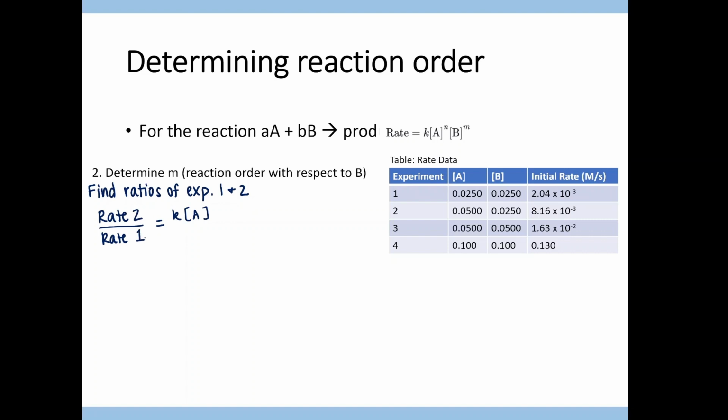This is how I have it in my notes, so just to avoid any mistakes in the video, I'm going to do 2 over 1. So this should be equal to the concentration of A to the power of n at time 2, times the concentration of B to the power of m at time 2. And this is the rate constant times the concentration of A to the power of n at time 1 times the concentration of B to the power of m at time 1.